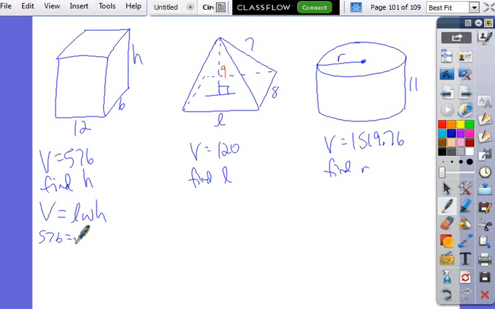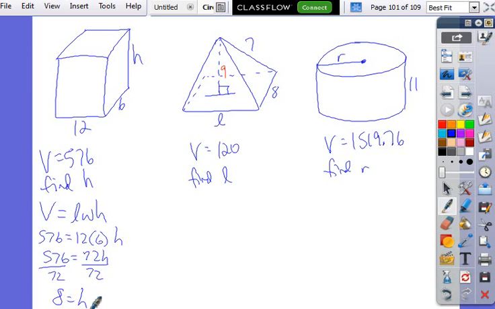So that 12 and 6 go in for length and width, and I'm left with the H, which is what I'm supposed to find. So you can go ahead and multiply that out and get 72H. And then how would I solve that? Divide by 72. What is it? Anybody got it? 8.